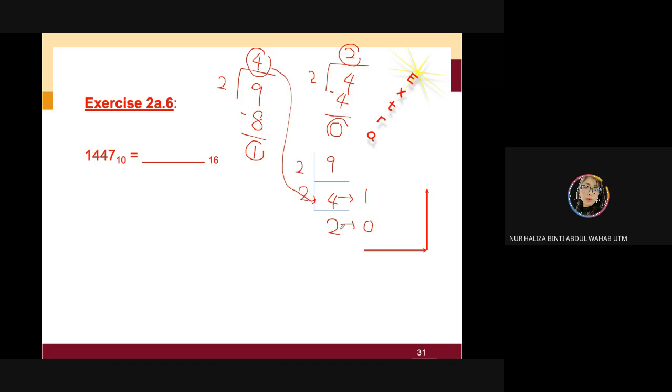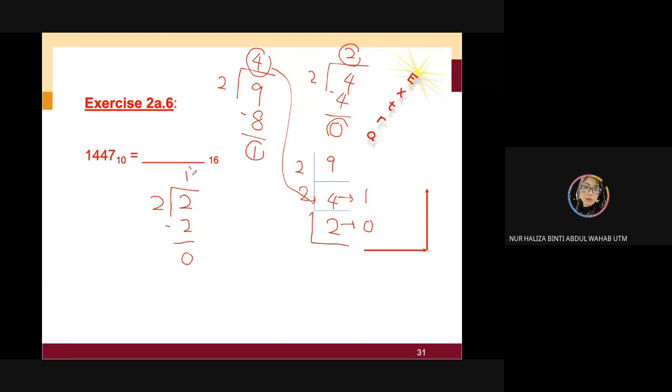And this part you can see 2 can still be divided by 2. So I will divide again. 2 divided by 2, what I will get is 1, and there is 0 remainder.